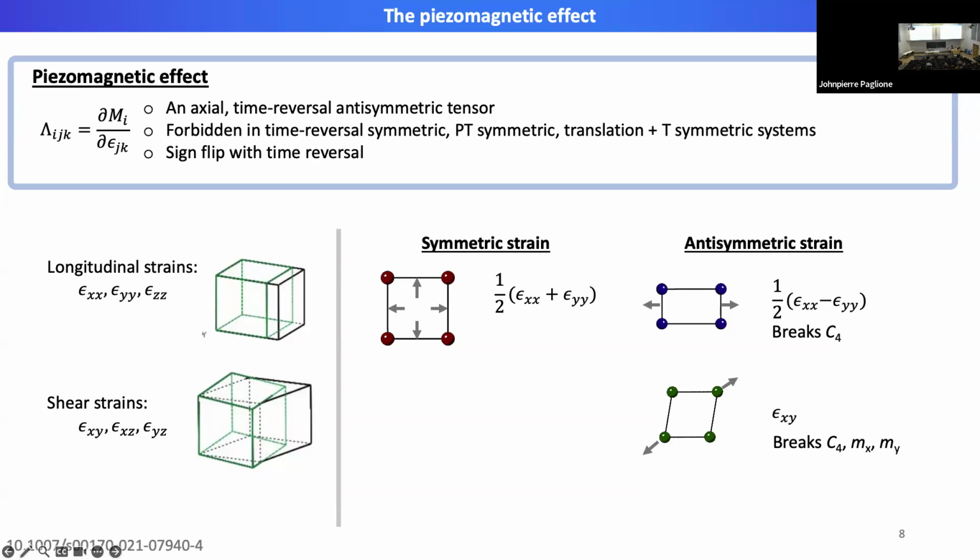If you're not familiar with the actual forms of the strains here, it's okay. But the takeaway here is that we can categorize the strains in terms of those that preserve all the crystalline symmetries and those that would break certain crystal symmetries.